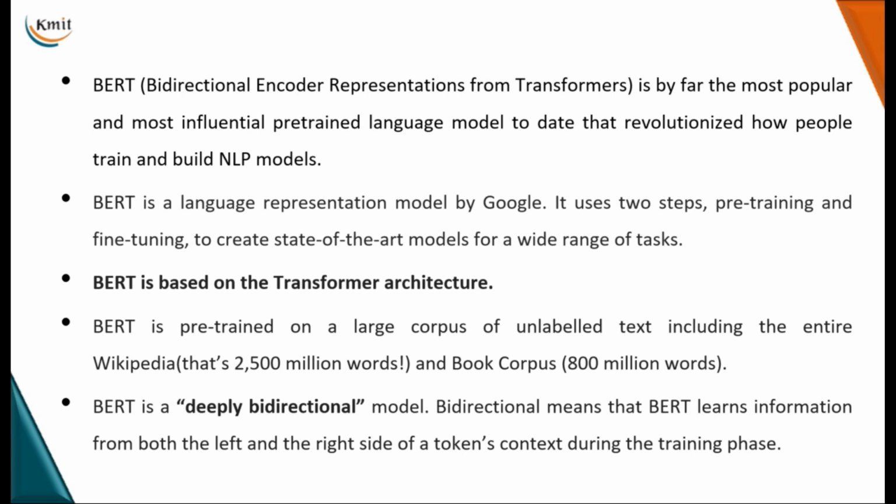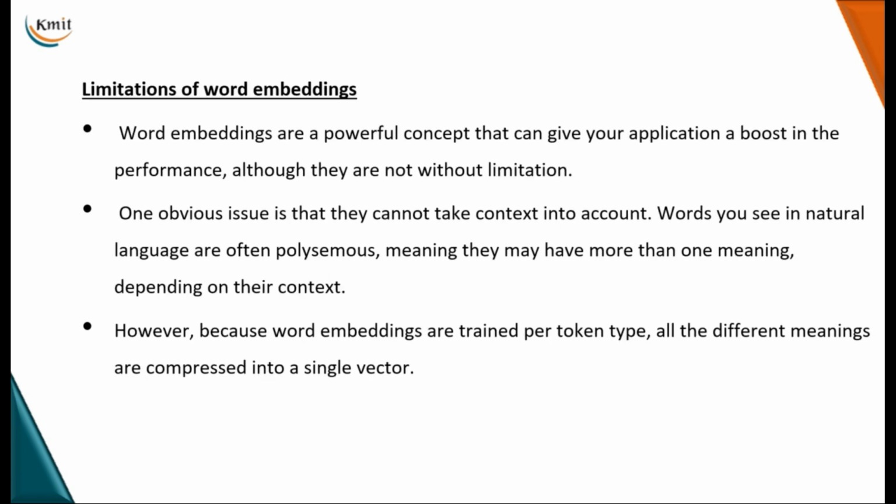Not only that, BERT is also trained on the entire Google book corpus, so it can give you an answer for anything that you ask for. We say BERT is deeply bidirectional, which means that it can learn information from both left to right of the tokens which I take in the input for the training.